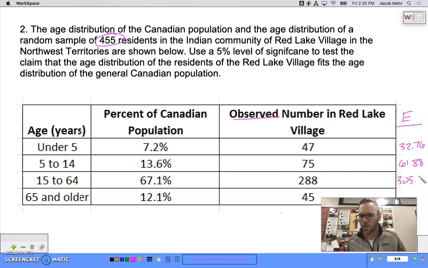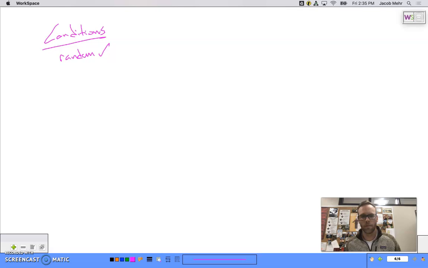That's interesting. I'll just write 305.31. And then 12.1% of the 455, 55.055. Round up to 55.06. All right. So now when we look at our conditions, all of these are greater than 5. So we have E greater than 5 met.